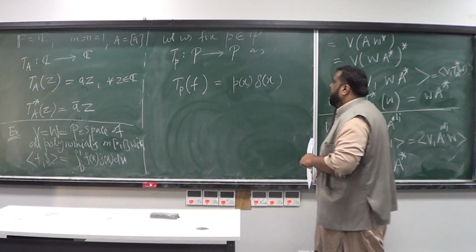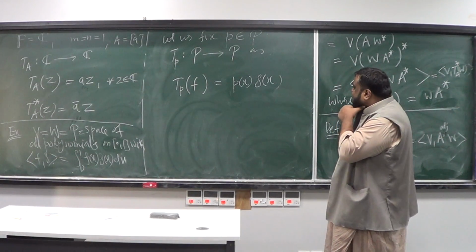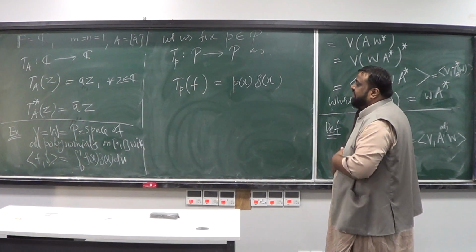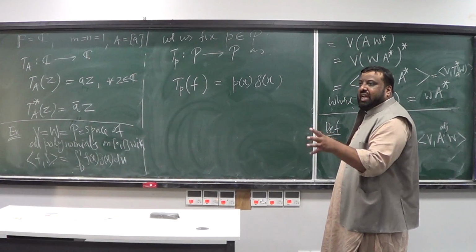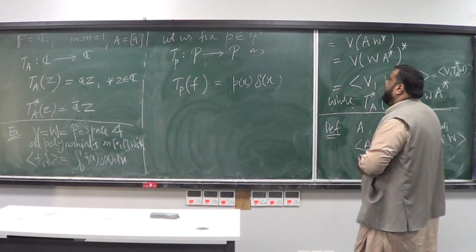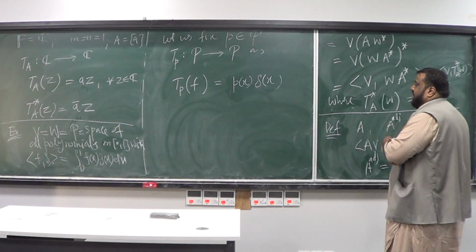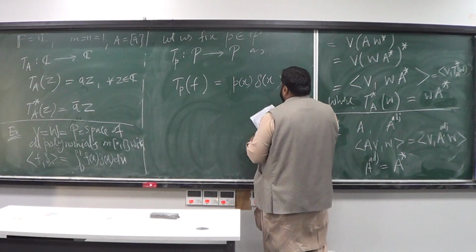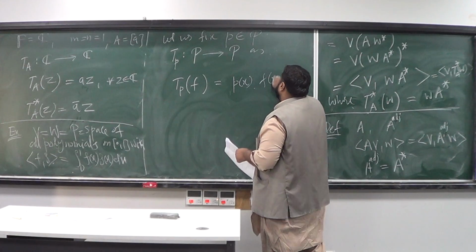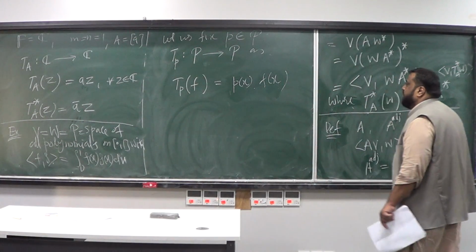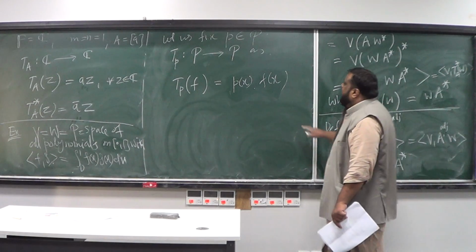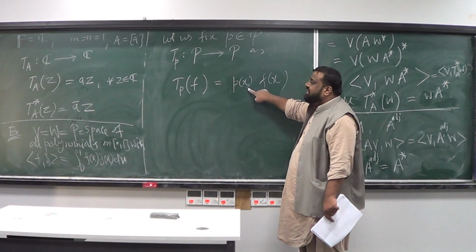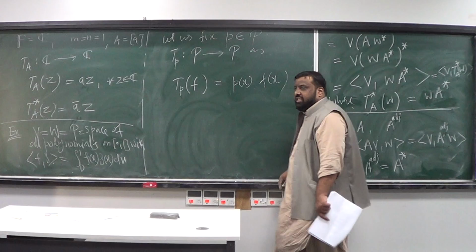The p of x and f of x could be complex numbers, because these are complex valued polynomials. So p of x is a complex valued polynomial, and f of x is also a complex valued polynomial. So in other words, multiplying every polynomial of the polynomial space with some polynomial p of x gives you this linear transformation T_p.